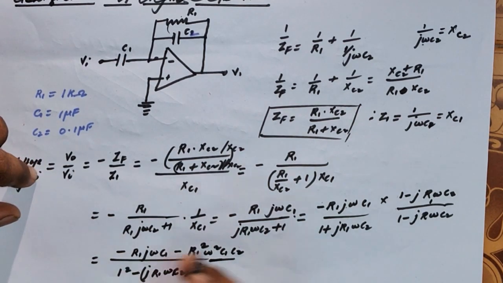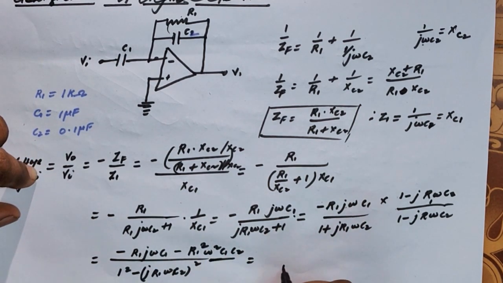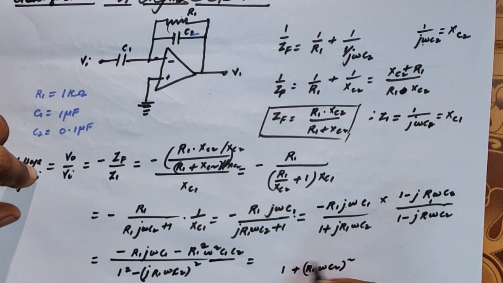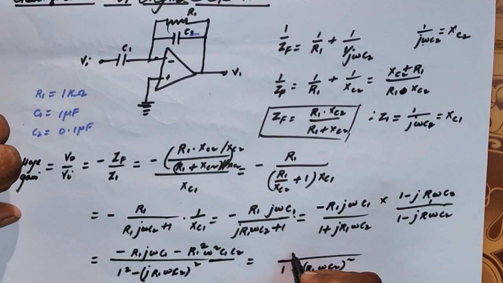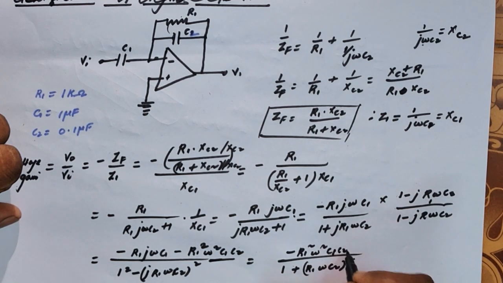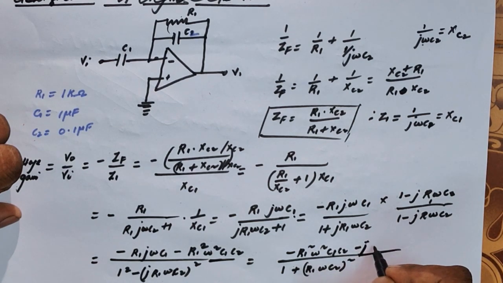Here in the denominator it will give plus, so 1 plus R1 omega C2 whole squared. In the numerator, simply the real part is minus R1 squared omega squared C1 C2, minus j omega C1 R1.